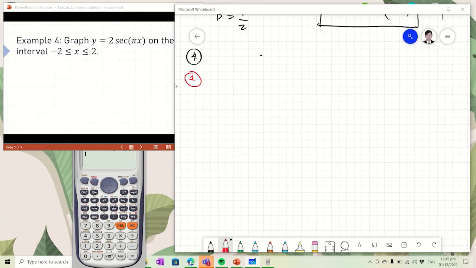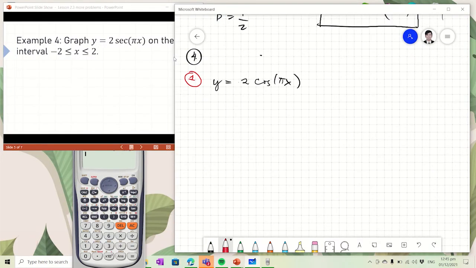Let's begin by doing the first step that we have to do in here. And that is to graph the corresponding guide function with a dashed curve. So yung guide natin, pag binigay sa atin secant, ibig sabihin nun, iisipin natin yung cosine. So yung cosine version ng given natin is just y is equal to 2 cosine of pi x.